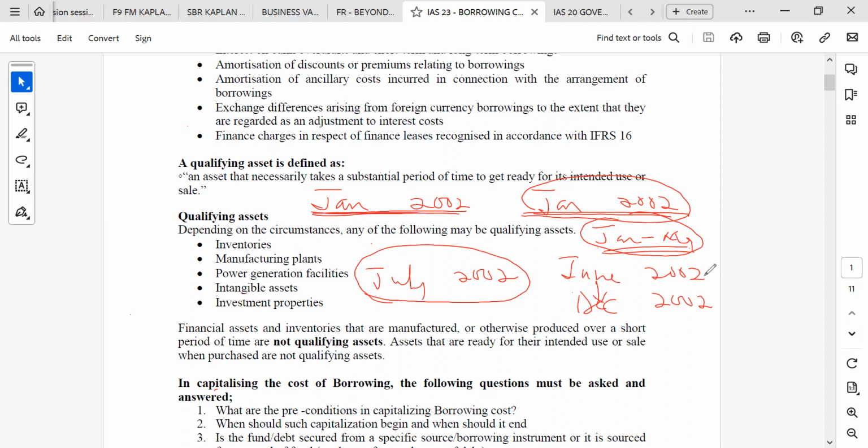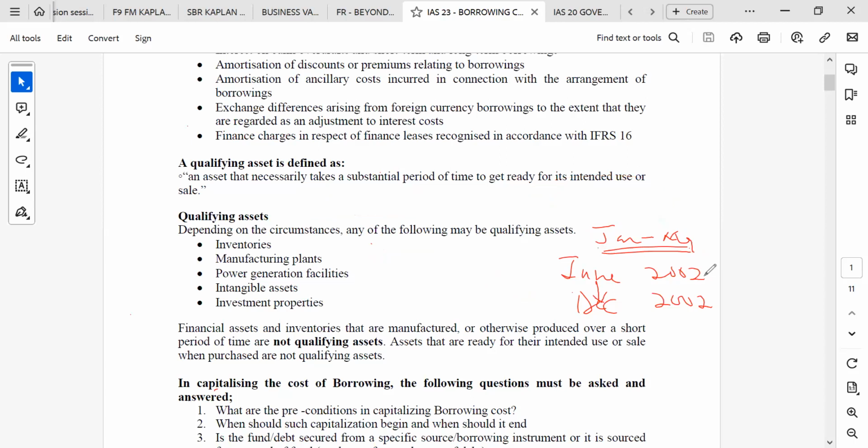So we are going to look at the conditions that have to be met before we start capitalizing the borrowing cost. You can take a loan to finance the construction of an asset, but you haven't started the construction yet. You can't capitalize the borrowing cost because there is no asset that you have to add a cost to.